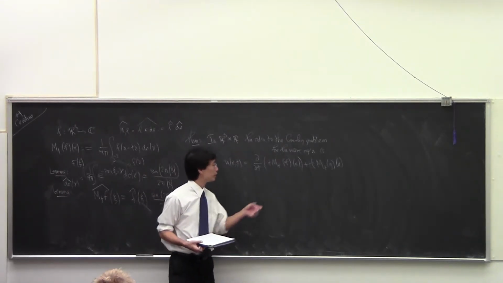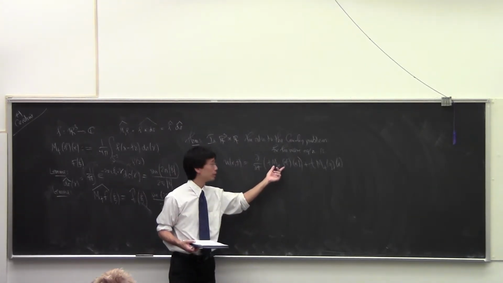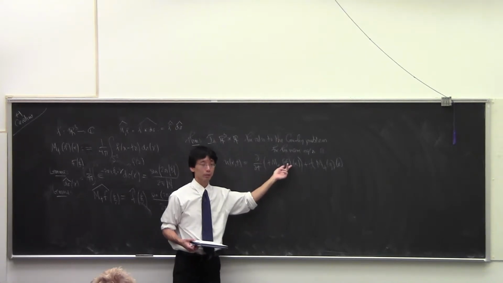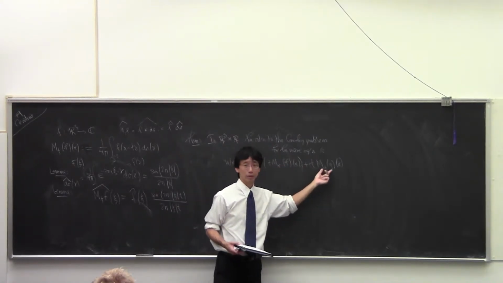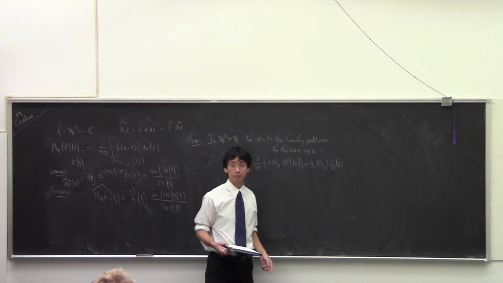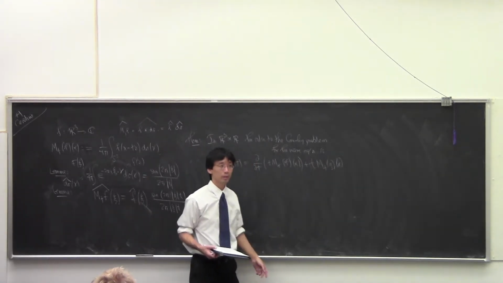So it's this derivative of t times the spherical average of one part of the initial data, plus t times the spherical average of the other initial data.